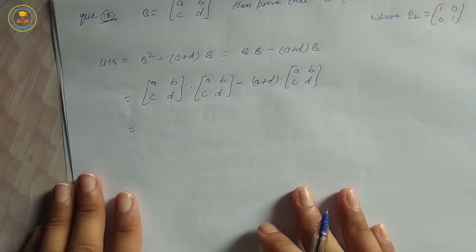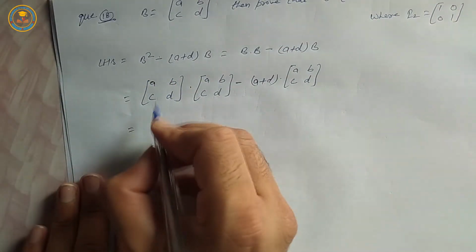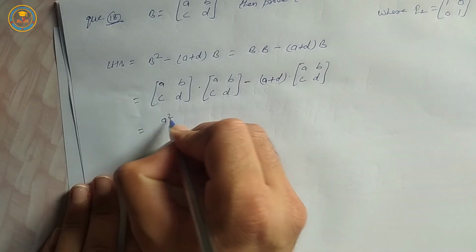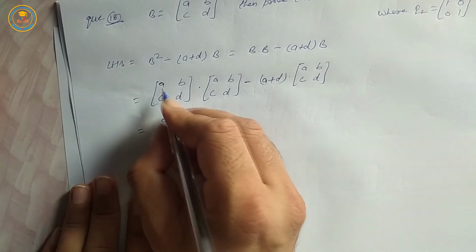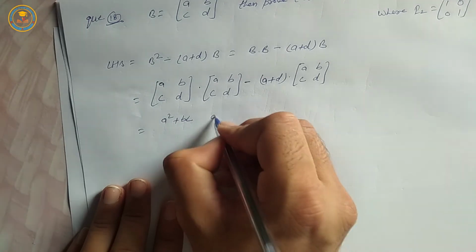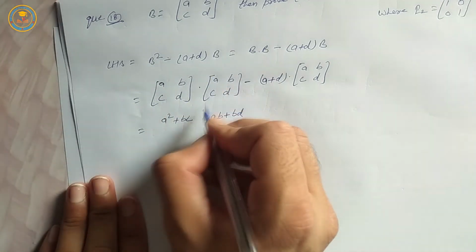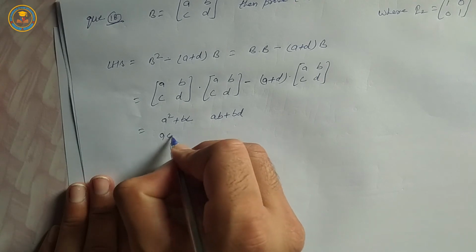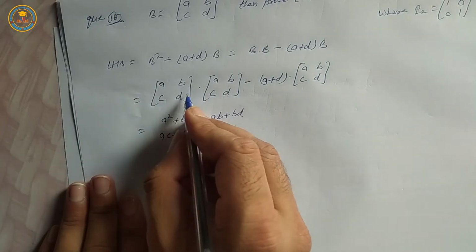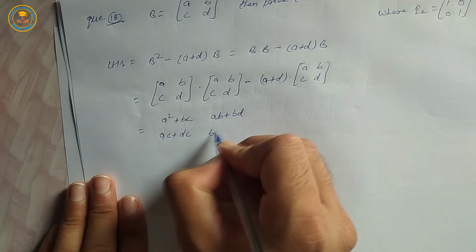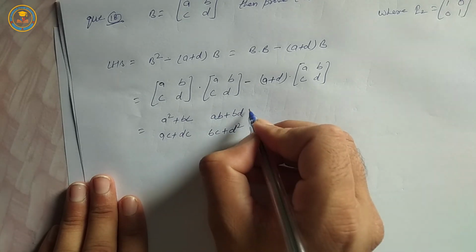Is equal to first row into first column, it means A square plus BC. First row, second column, AB plus BD. Second row, first column, AC plus DC. Second row, second column, BC plus D square.